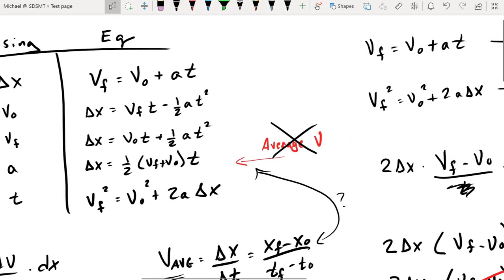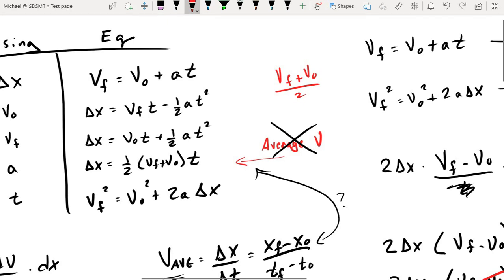In my opinion, if one equation is worthy of a name, all of them should get a name, but I don't know what you would name the other equations. The reason the author calls this the average velocity equation, if you actually look at the equation, you can probably see why. You have inside the equation the summation of two terms, which are then divided by 2. So technically that would be the average of the two velocities, initial and final.